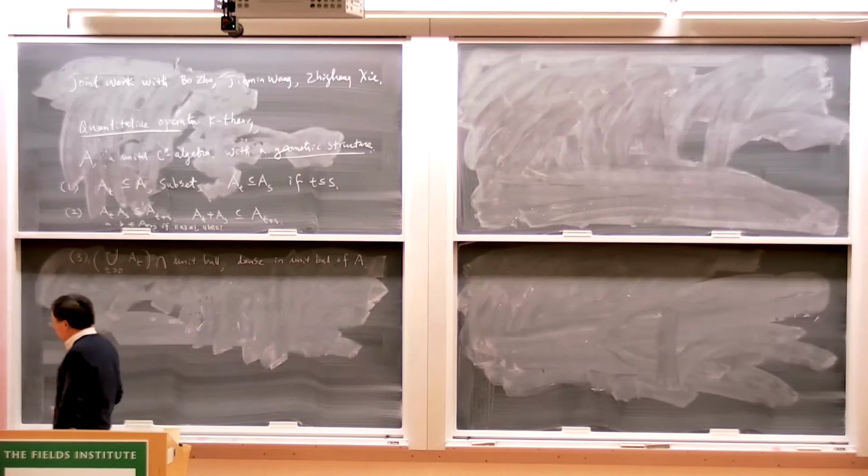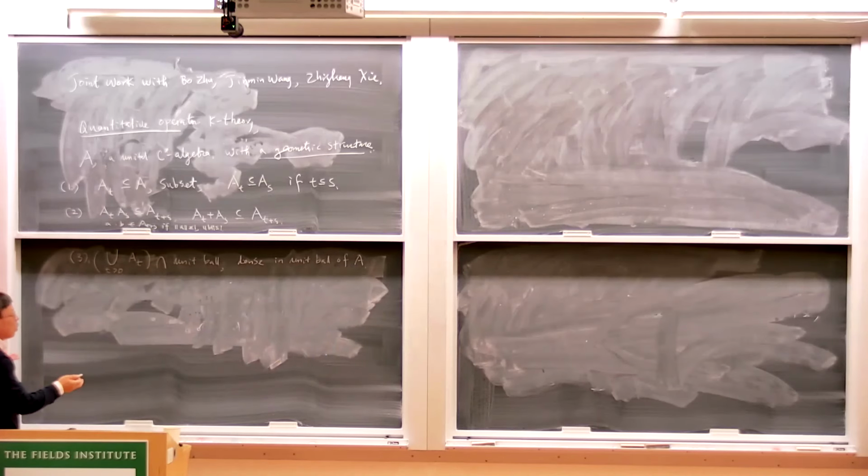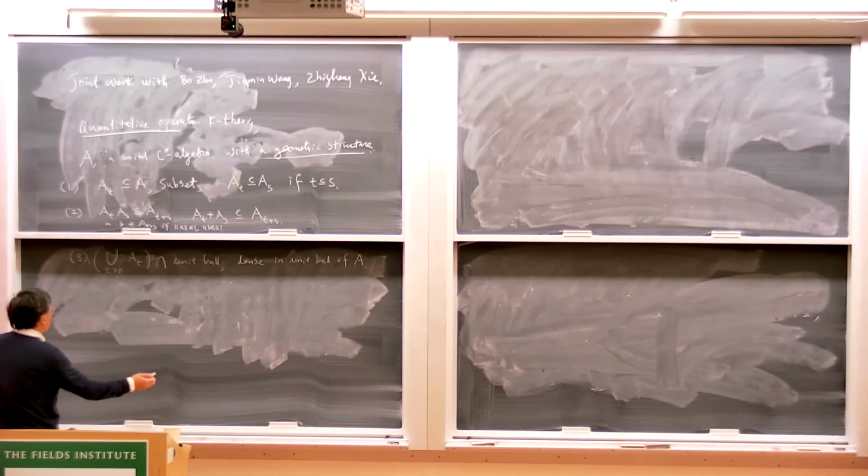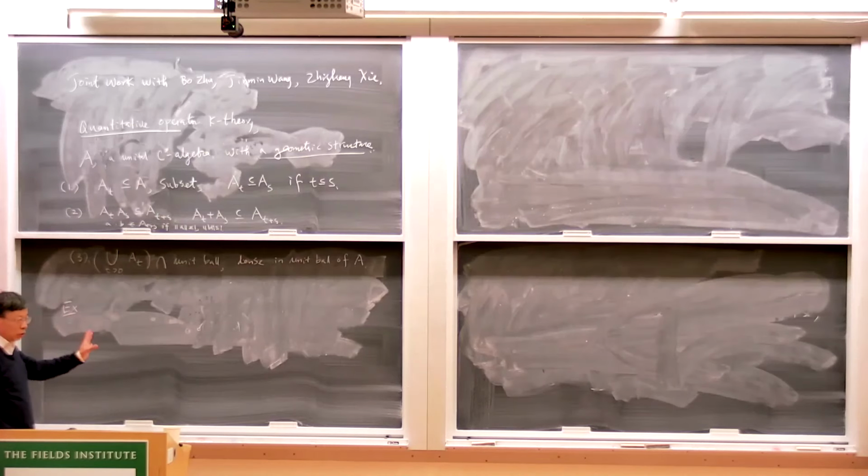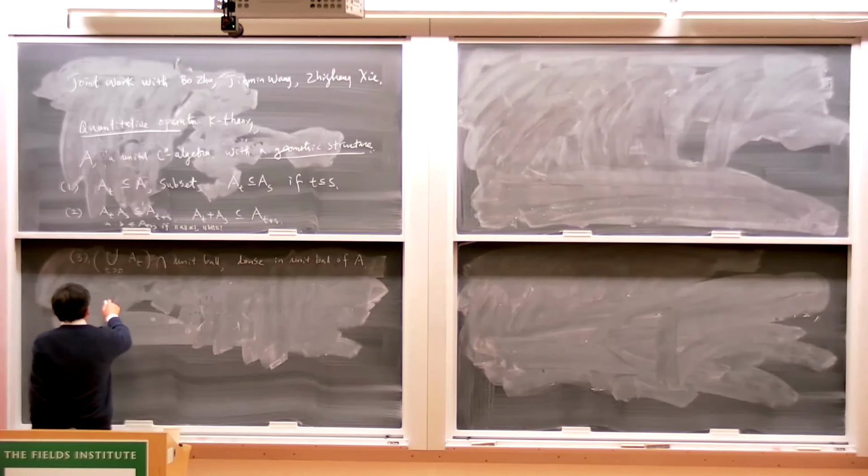Okay. So let me give some examples of what I'm talking about. Without interesting examples, it's kind of empty. The first example is actually quite interesting even in the commutative case. Let me start with continuous functions on the circle.